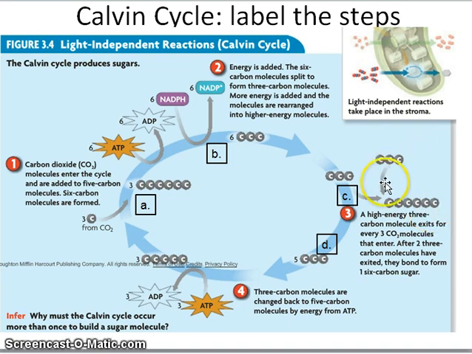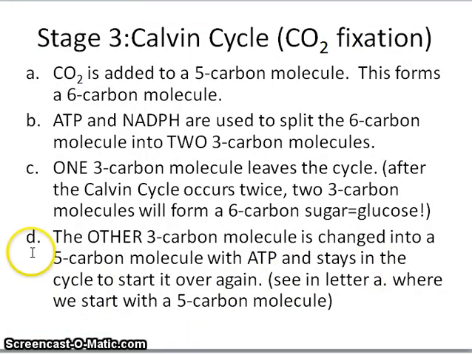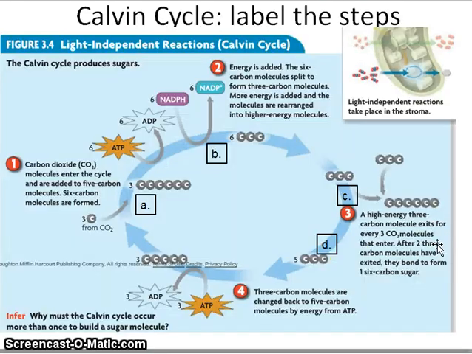It's going to find another 3 carbon molecule like I just said, and it's going to make a 6 carbon sugar, which is glucose. The other 3 carbon molecule, remember we had made 2 3 carbon molecules, the other 3 carbon molecule stays in the cycle and is changed into a 5 carbon molecule with ATP, and then it stays in the cycle to start it all over again.